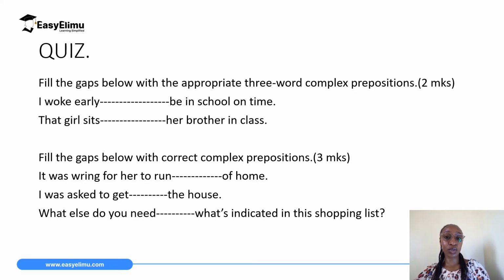It's a two-part quiz. The first part is fill the gaps below with the appropriate three-word complex preposition. And the second part is fill the gaps below with the correct complex preposition. So you can have a look and attempt and see if you're able to answer.